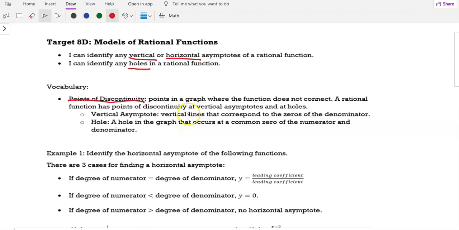That might look something like, if we have our graph here, we might be approaching this asymptote, but we might have a hole in our graph right there, and that would be a point of discontinuity. And then we have our vertical asymptotes, which again are just the vertical lines that correspond to the zeros of the denominator, and we're going to talk about that today.